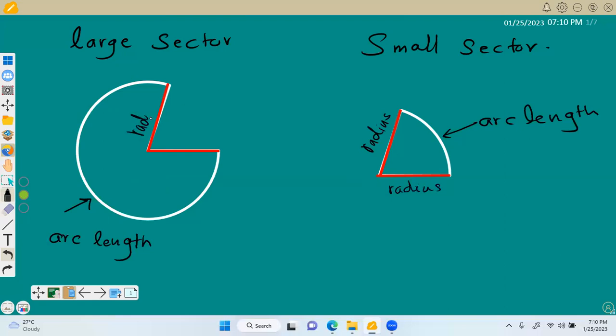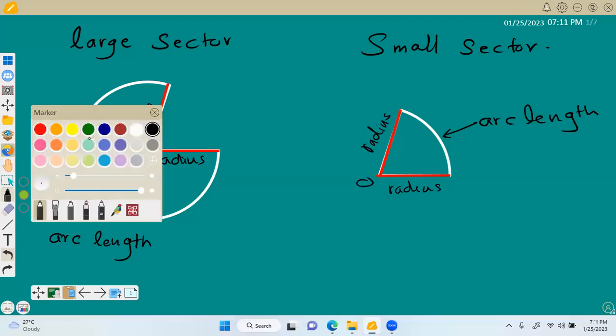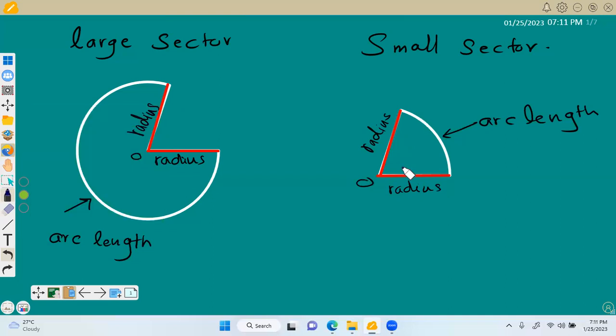This is radius. This is also radius. Okay, that means here it is center O. So when these two radii meet each other, then here what? An angle is formed, no? When two straight line segments meet each other, an angle is formed.